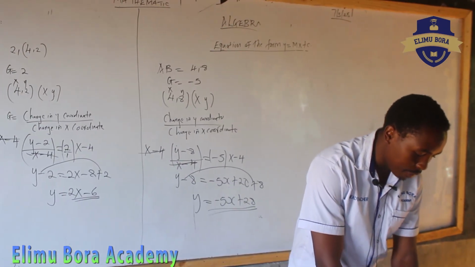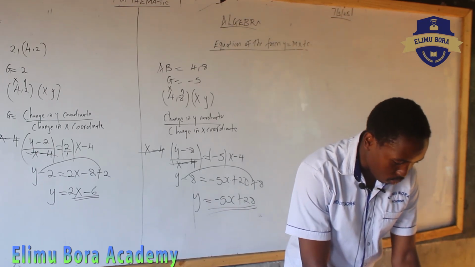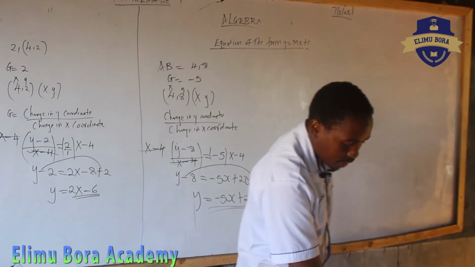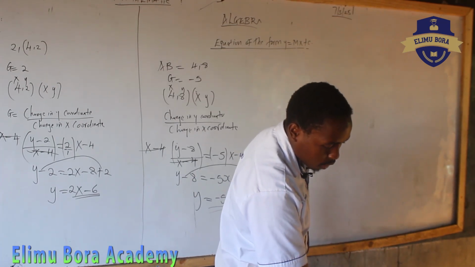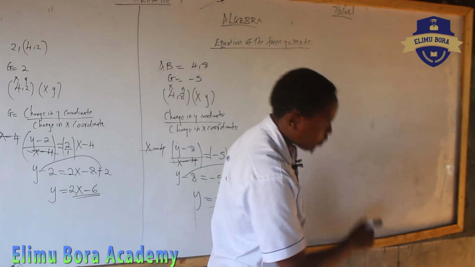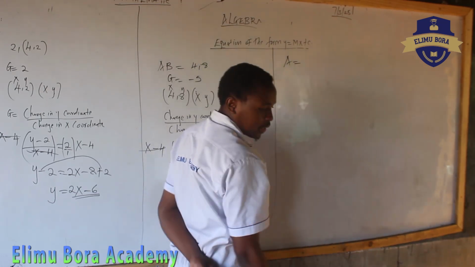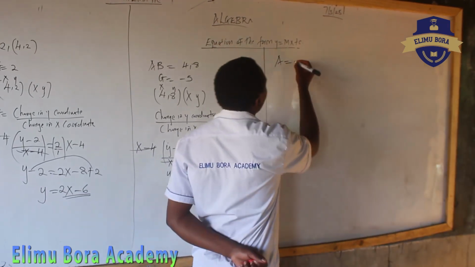You have been given two points. One of the points that you have been given is point A, A is equal to negative 2, 2.